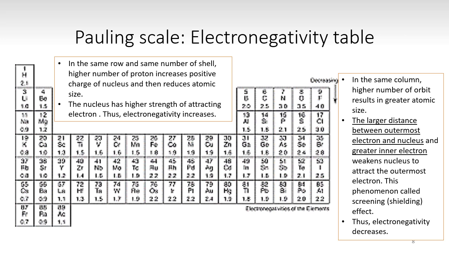From top to bottom, in the same column, higher number of orbits results in greater atomic size. The larger distance between outermost electron and nucleus, and greater inner electron weakens nucleus to attract the outermost electron towards it. This phenomenon is called screening effect. Thus, electronegativity decreases.